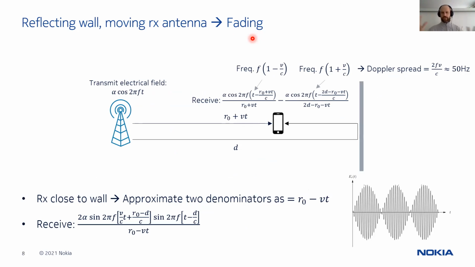The combination of these three things makes it so that the amplitude of the signal received by the mobile phone is fluctuating. So this frequency shift translates into an amplitude shift.